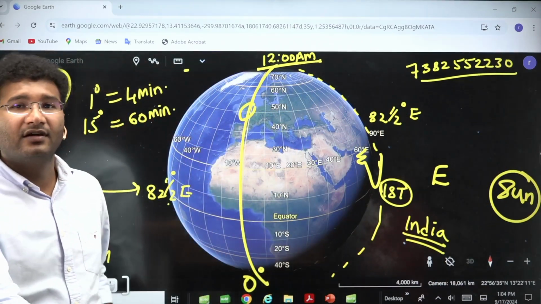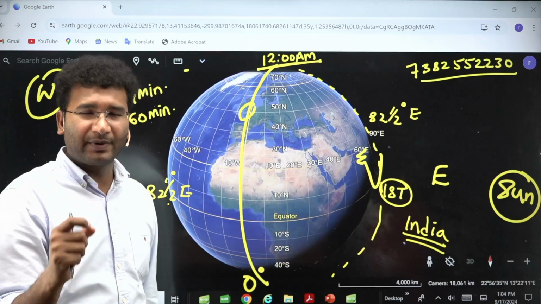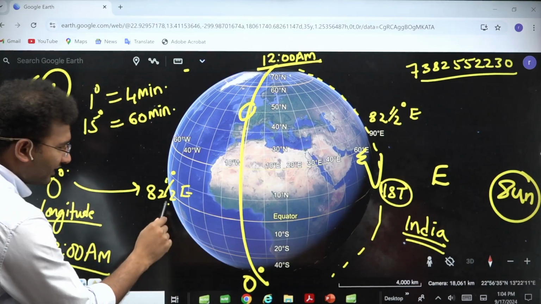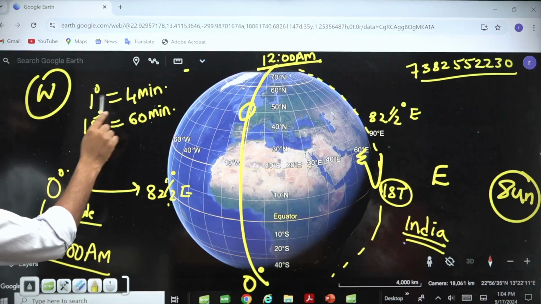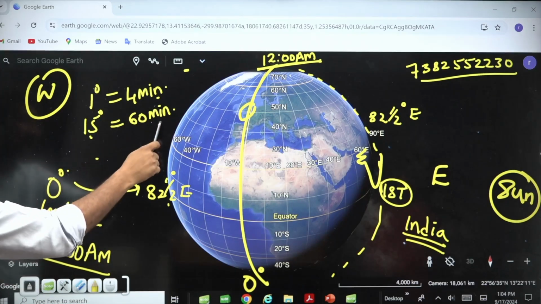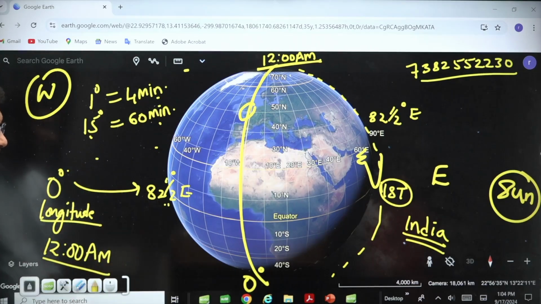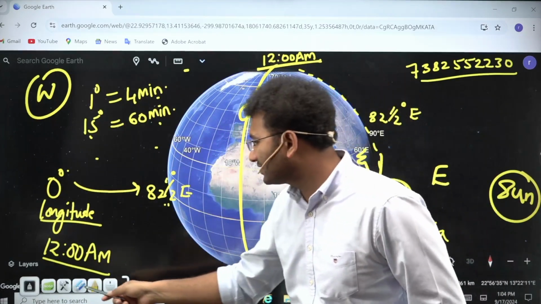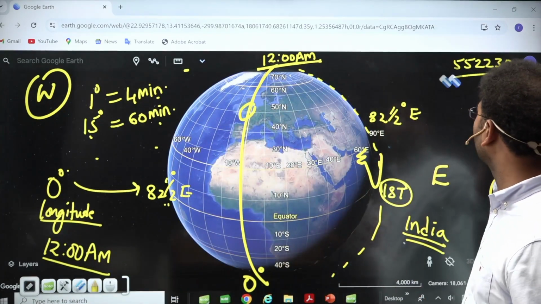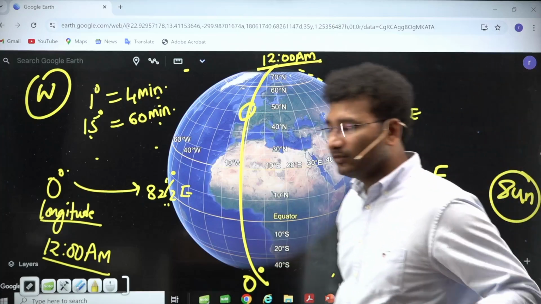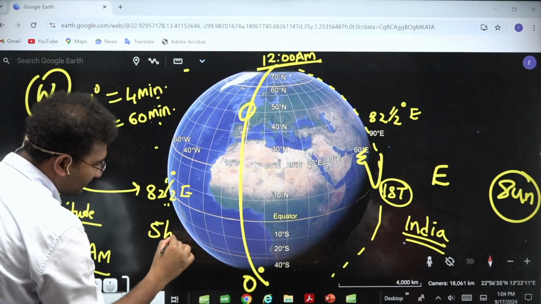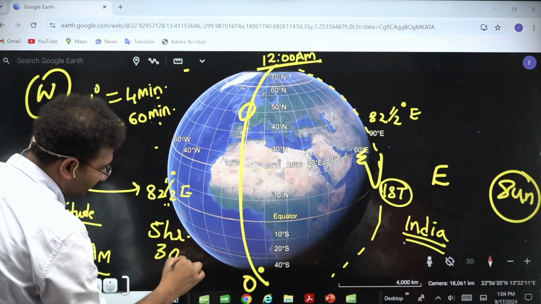Yes. Now you tell me, calculate, put your pen and paper and try to tell me if the time is 12 AM, what is the time at 82.5 degrees? If 1 degree is equal to 4 minutes, 15 degrees equal to 60 minutes, 82.5 degrees is equal to how many minutes? In simple terms, this 82.5 degrees is equal to 5 hours and 30 minutes.